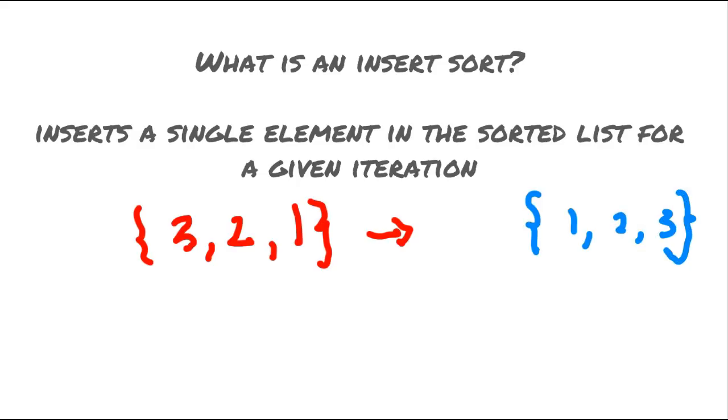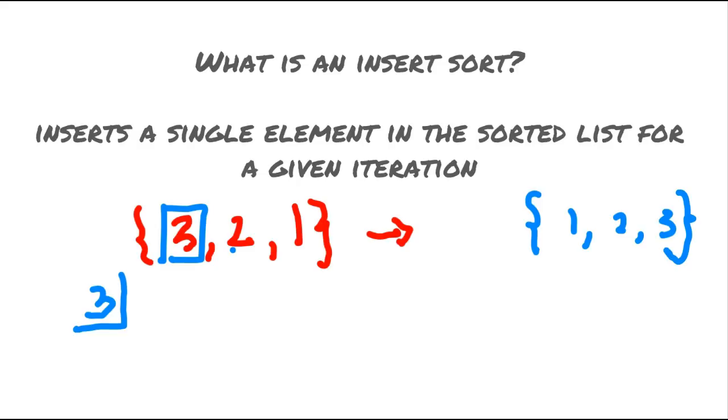So insertion sort manipulates the given set by usually considering the first element to be already sorted. Say you have 3 being sorted, and we are looking at the unsorted elements.